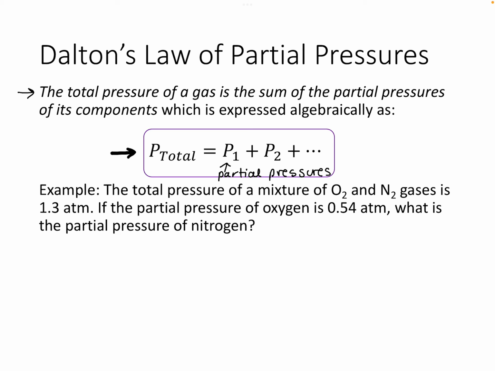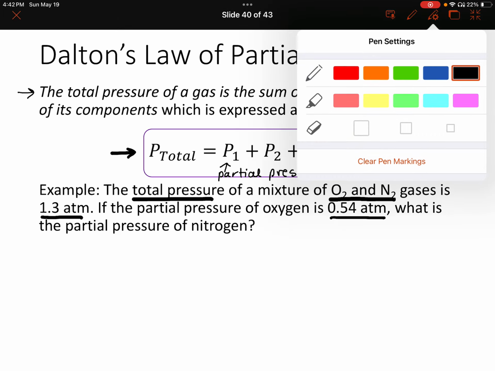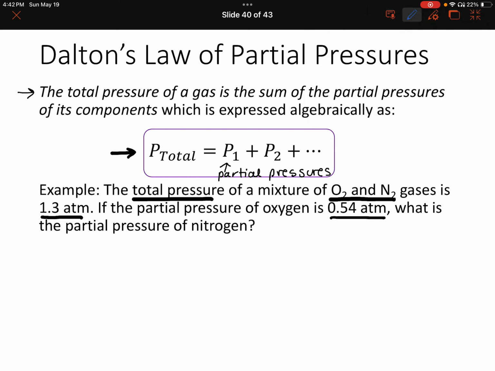So for example, let's say the total pressure of a mixture of oxygen and nitrogen is 1.3 atmospheres. If the partial pressure of oxygen is 0.54 atmospheres, what is the partial pressure of nitrogen? Okay, so let's just write down what we're given.